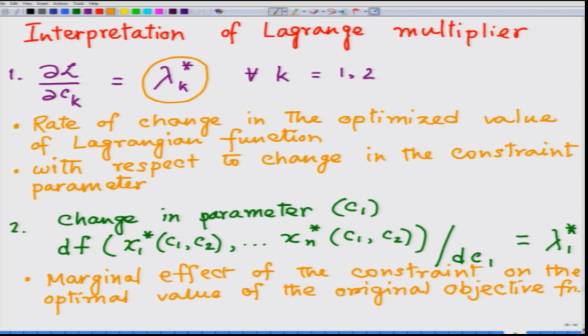And in economics, this particular interpretation is very popular, and this Lagrange multiplier has another name, and this is also known as shadow price or value.